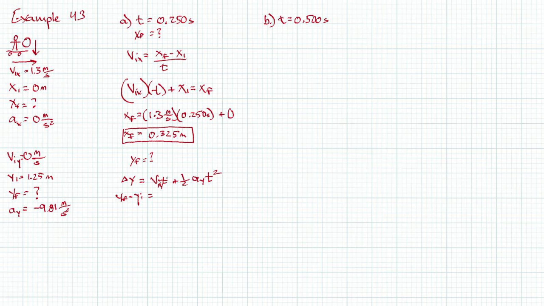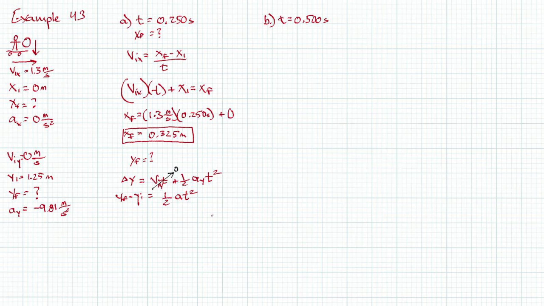It's a little crowded, but it doesn't really matter. Why? Because the initial velocity in the y direction is 0. So I'm going to just cross that out entirely. That all becomes 0 and is of no consequence. But we still do have the plus 1/2 a t squared.